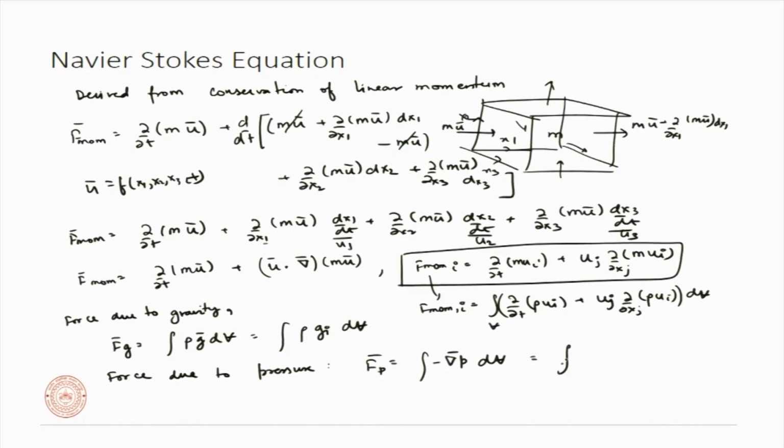Okay, that equals the integral of minus del P by del xi dv. You can see that i is the non-repeating index in all of these. Then let us come to the most interesting part, and that is the force due to viscosity.